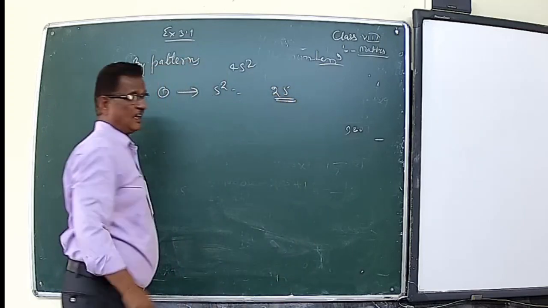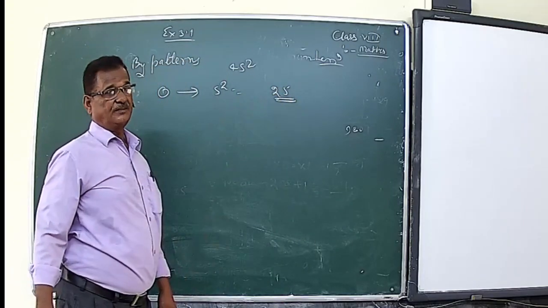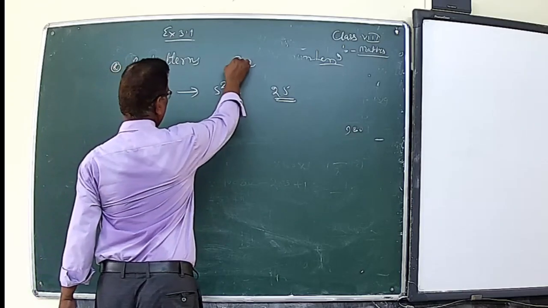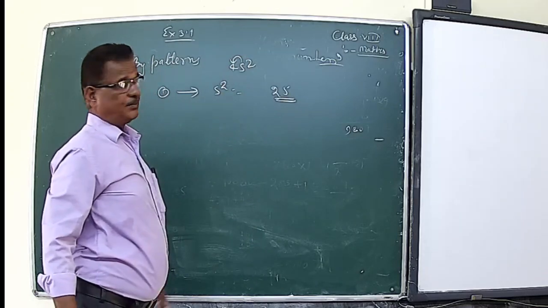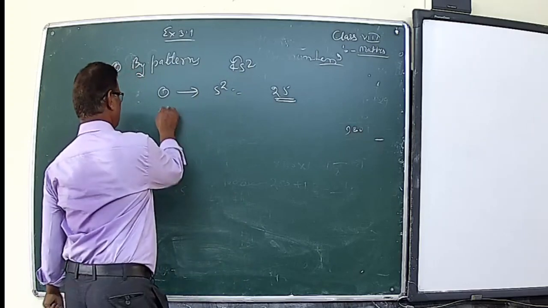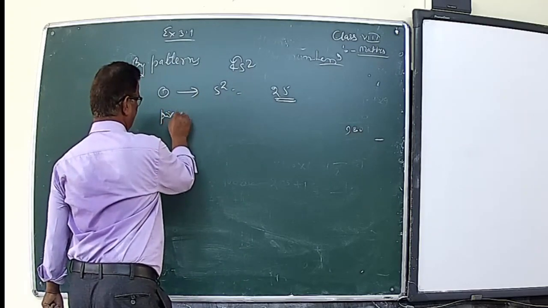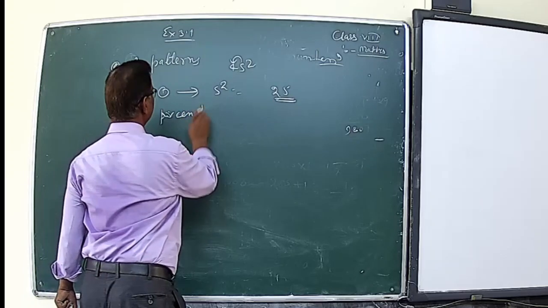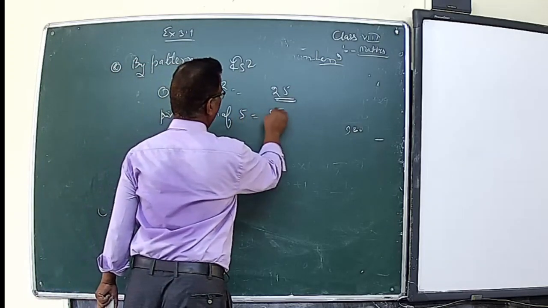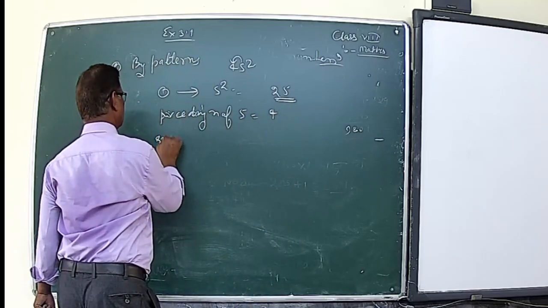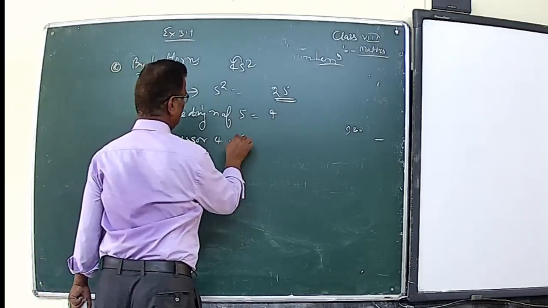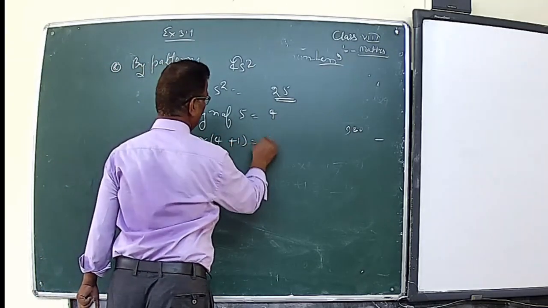This is the last two digits of the square of 45. Now find the number before the 5, the preceding number, which is 4. Now the successor of 4 is 4 plus 1, which is 5.